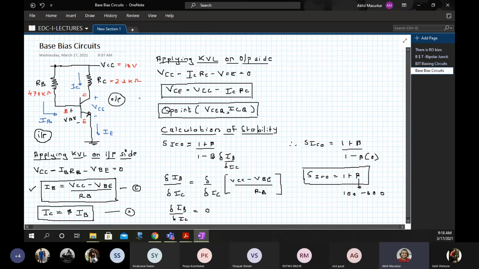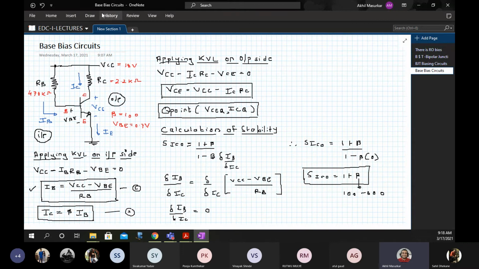Then let us say beta is 100, and VBE you can take as 0.7 volts. Now let us solve this particular problem.